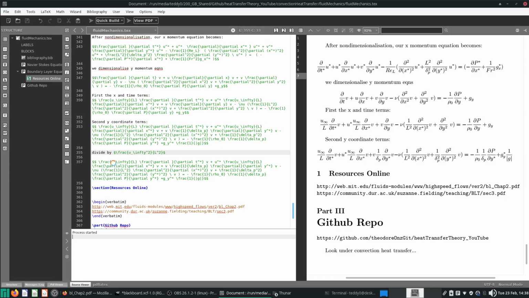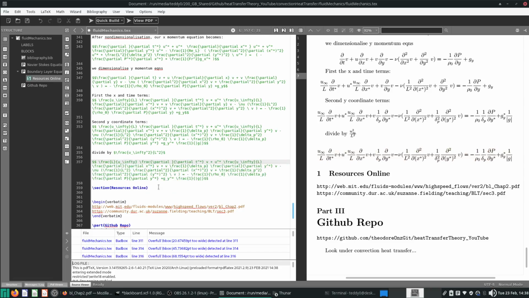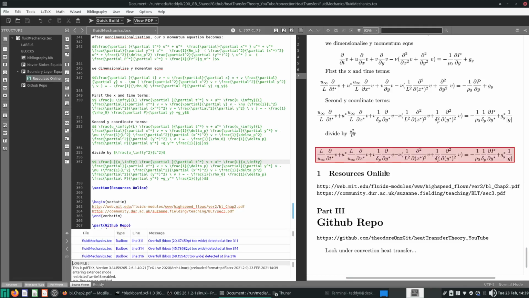So let's just invert it. The first two terms will be L over U infinity. The second term here, L over U infinity. I'm going to stretch this video a little bit. The third term here, you have L squared over U infinity squared on the outside.